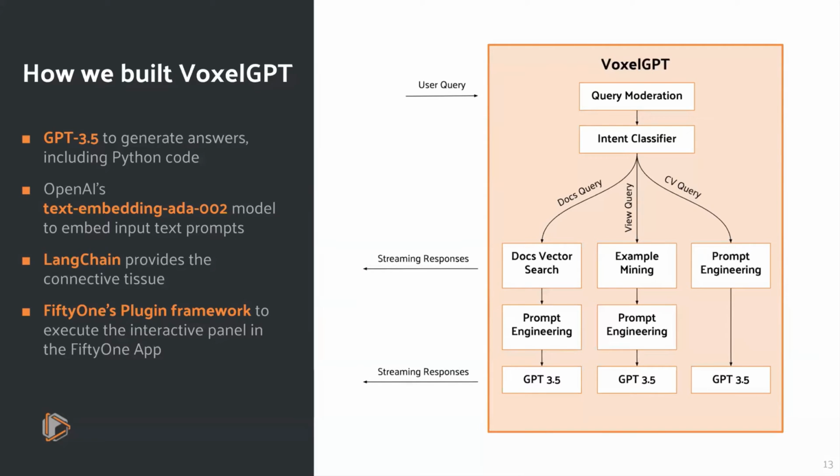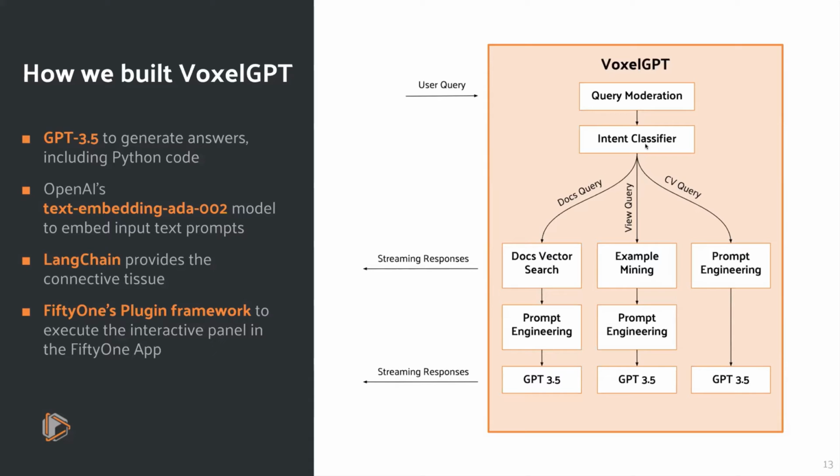I want to share with you a little bit about how we built the internals of VoxelGPT. So we kind of talked through the three different pathways that it understands. It knows how to query the 51 docs. It knows how to construct views into your data sets. And it knows how to answer general CV knowledge questions.